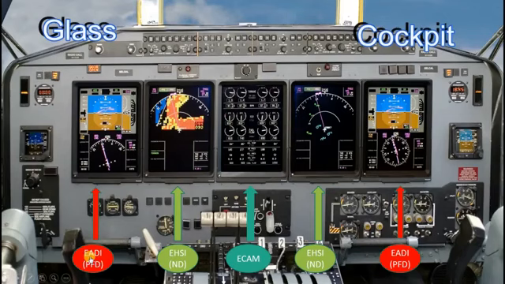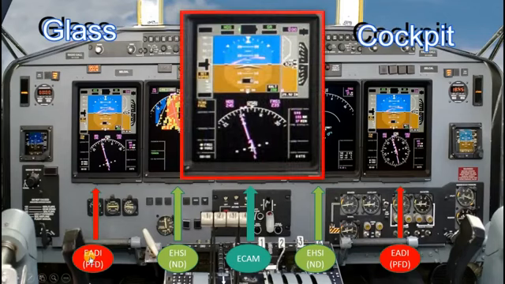as much as possible. So EADI, the electronic attitude director indicator, can also be called the primary flight display. This is the display which gives the pilot information about the attitude of the aircraft, that is, how the aircraft is yawing, pitching and rolling.